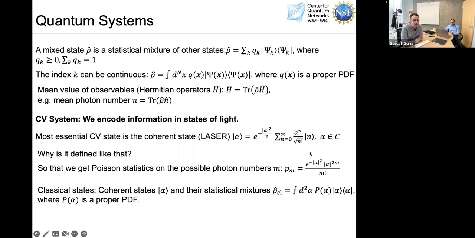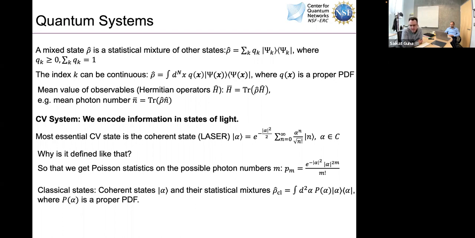Okay. Now, a classical field can be excited into two kinds of states, or one kind of state, if you like. We will see what I mean by that. It can be a coherent state, which is simply an ideal laser, or it can be a statistical mixture of different coherent states. Somebody in the previous module asked what a classical state is and what a non-classical state is.